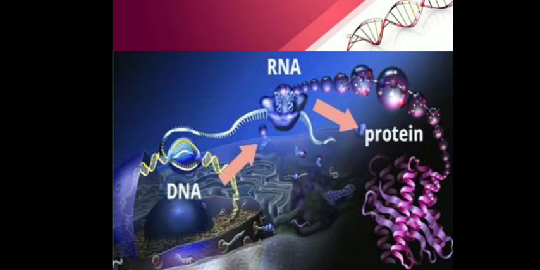The process in which RNA is synthesized from the DNA is known as transcription. And when protein is synthesized from the RNA, the process is known as translation. So this is just an overview of the central dogma.